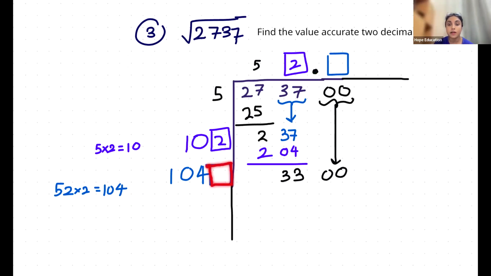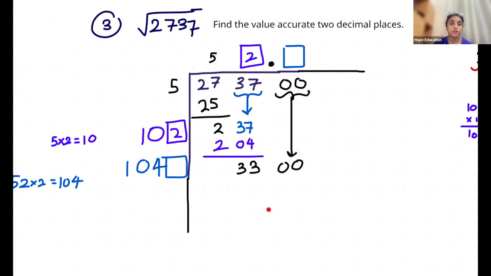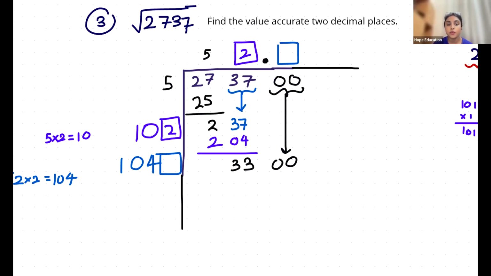That same number should come here. It's 33,300, no? See, here 33, and here 2 zeros. So that means it's 3,300. Okay? Then let's see what we can find. We'll put 1 here and 1 here.